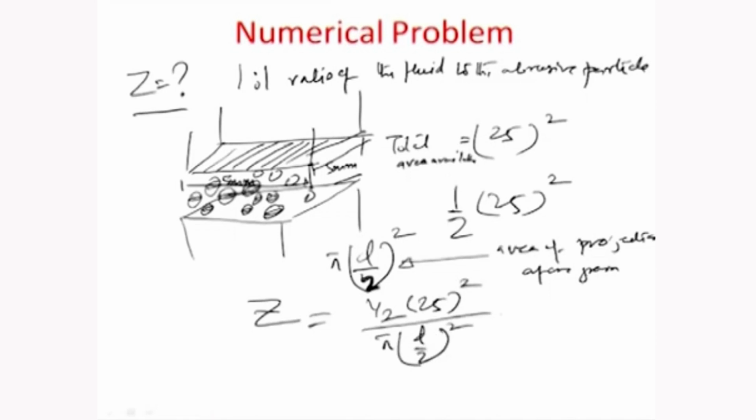And therefore if we assume the grain diameter d, as we had illustrated earlier, to be about 10 microns, about 0.01 mm, then we should have a ballpark figure of what this Z value could be.